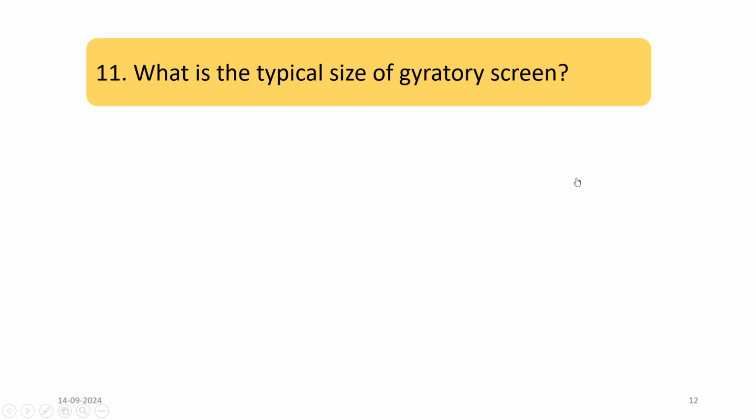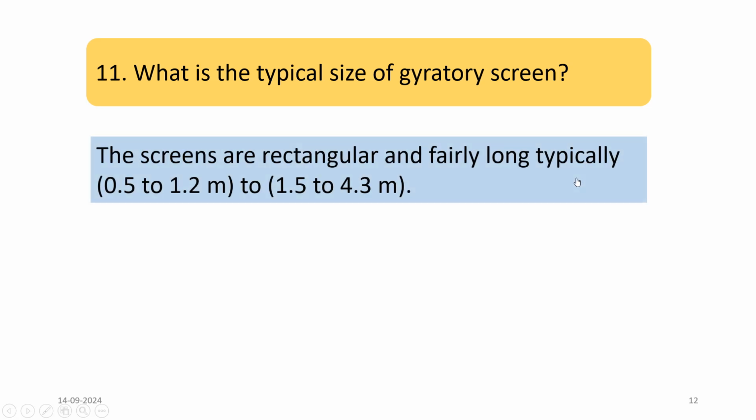Rectangular. Yes, the screens are rectangular and long. So these dimensions are mentioned here, from 0.5, 1.2 to 1.5 to 4.3. Mainly they are long and rectangular.